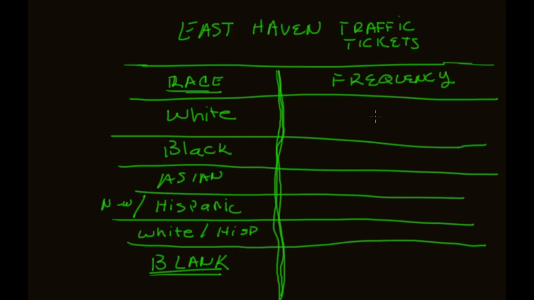Okay, so 329 white people got tickets in East Haven during this time period. 15 black people got tickets, 0 Asian people, 18 people who were identified as what we're assuming to be Hispanic, not white, 4 were Hispanic and white, and 5 had no race identified on the ticket.